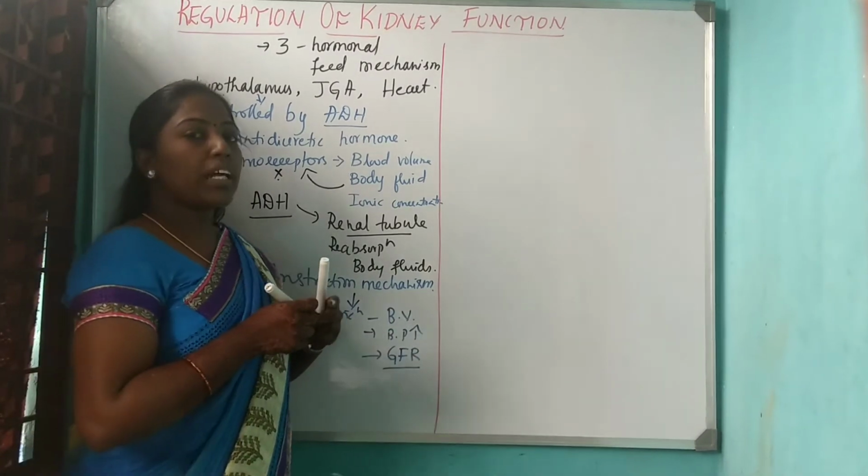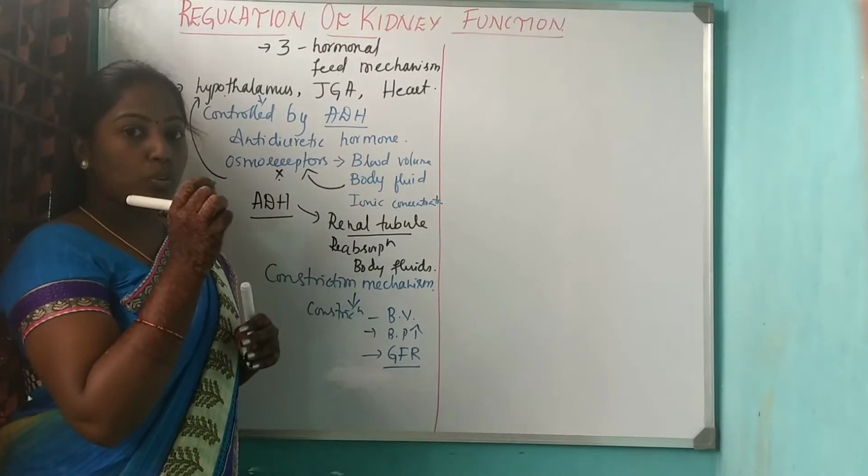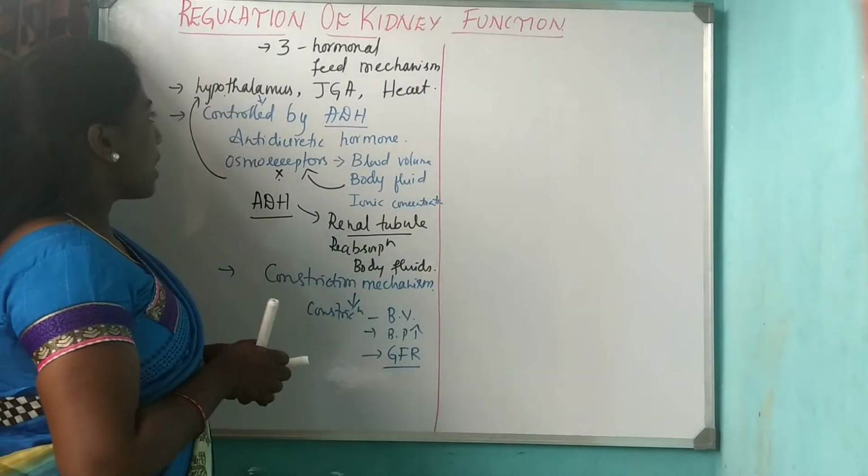As I told you, per minute the kidney should produce 125 ml of filtrate. So that is regarding the hypothalamus.